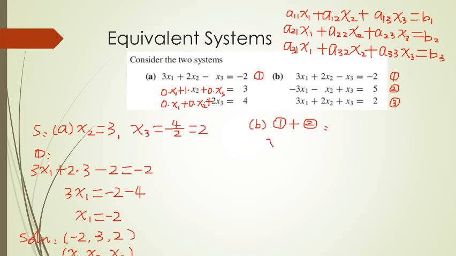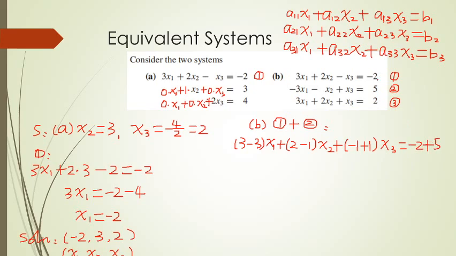So for x1, that becomes 3 minus 3, and then for x2, the coefficient is 2 minus 1. And how about x3? Minus 1 plus 1. And then the right side constant will be b1 plus b2, which is minus 2 plus 5.